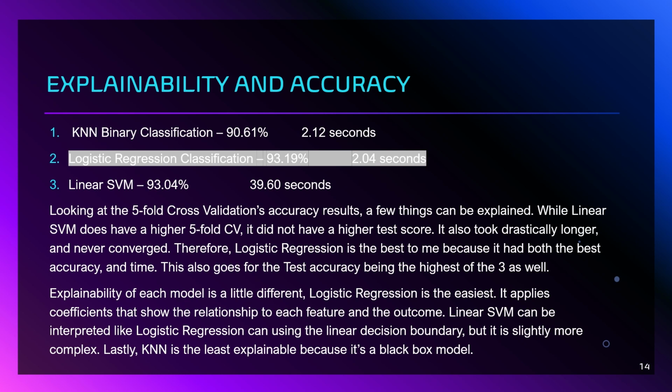So it makes it easy to understand and use repeatedly. Linear SVM can be used like that, but it's a lot more complex. And KNN actually is a black box model. It's very hard to understand why it makes decisions in some cases.